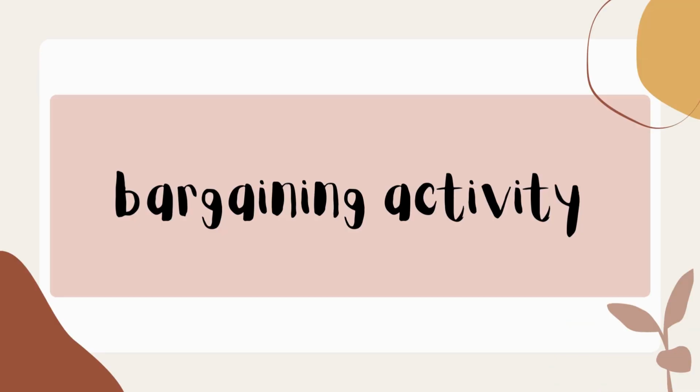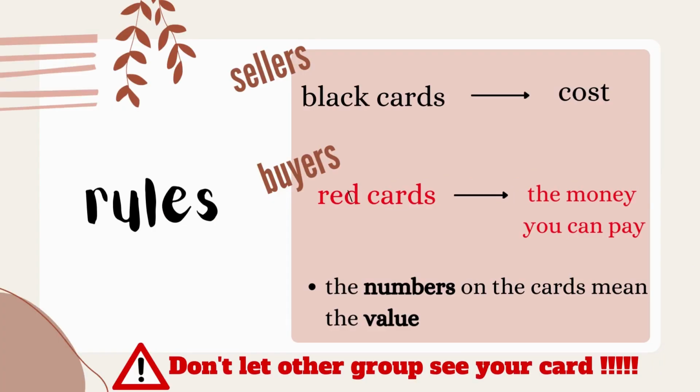At the beginning of the class, we are going to play a bargaining activity first. But because now I have no students here, I will just go through the rules of the activity. First, I will group you into two groups, and one group will play the role of seller, and the other group will play the role of buyer.